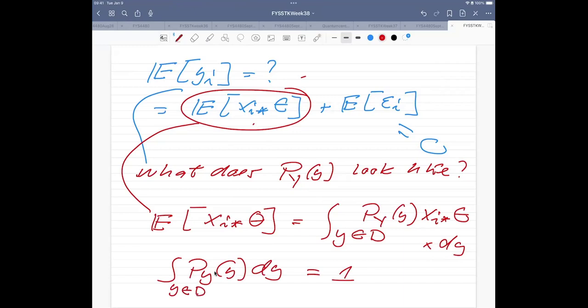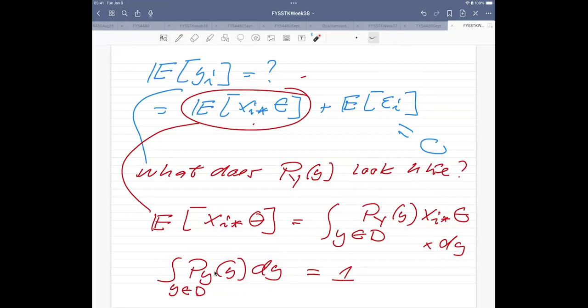Since this quantity here is just a constant in terms of y, it is not a stochastic variable, that means that we can just pull it out. And then we are just left with this integral, which is 1, multiplied with these non-stochastic variables.